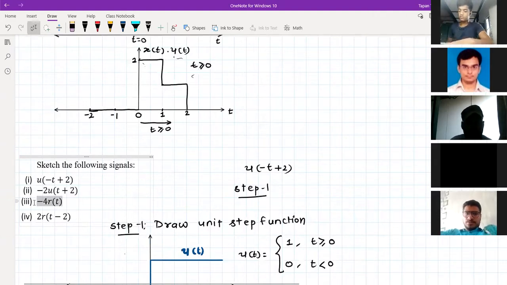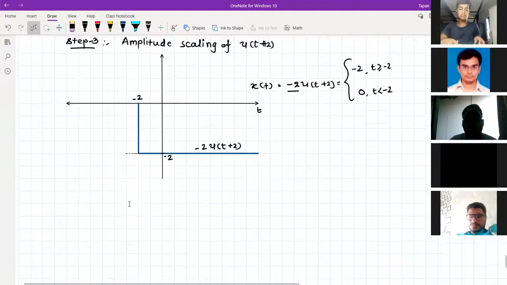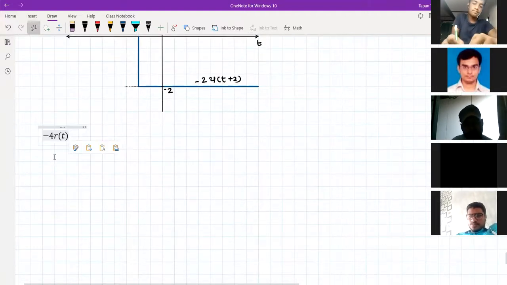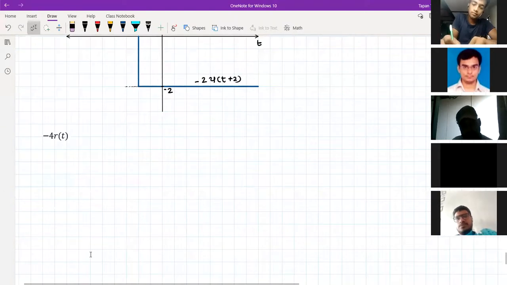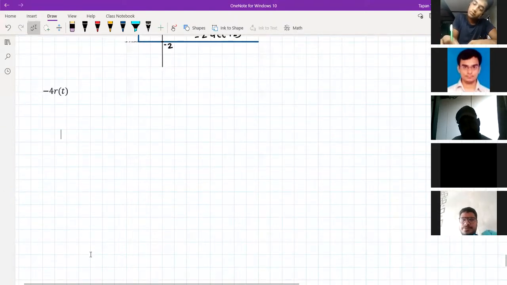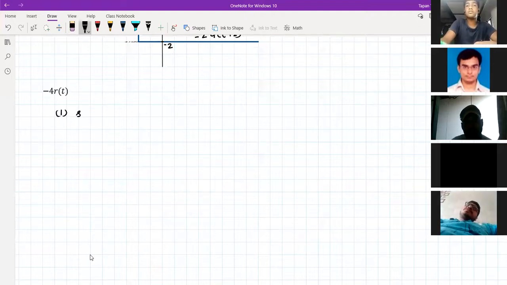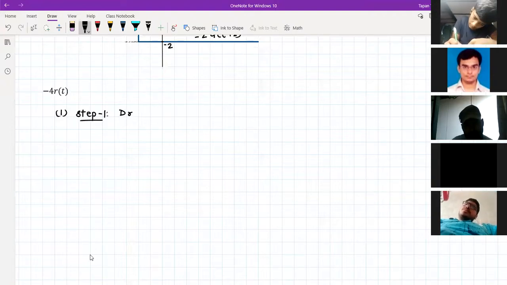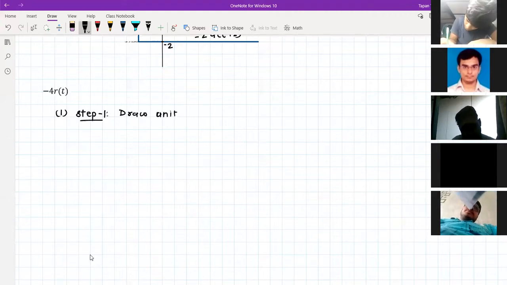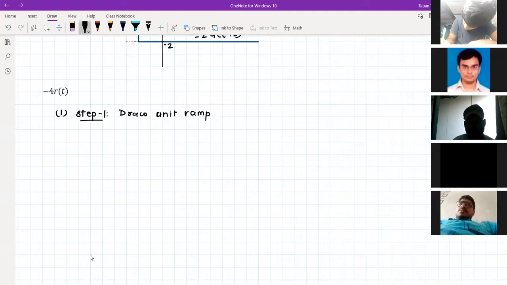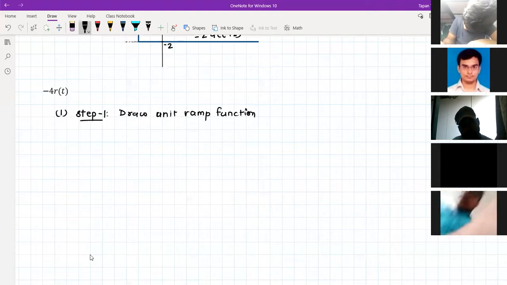-4 r of t. Okay, -4 r of t. What will you do? Step 1, draw unit ramp function r of t.